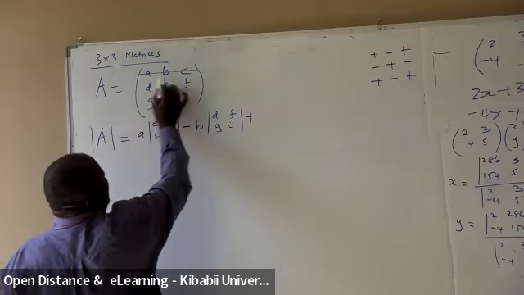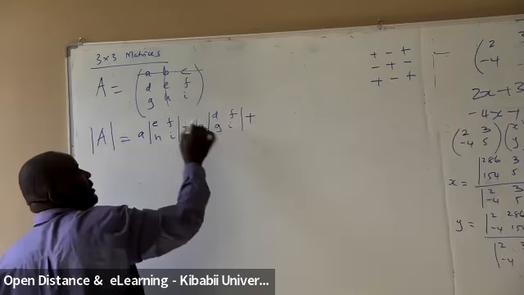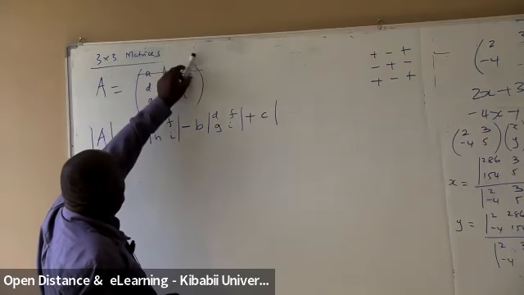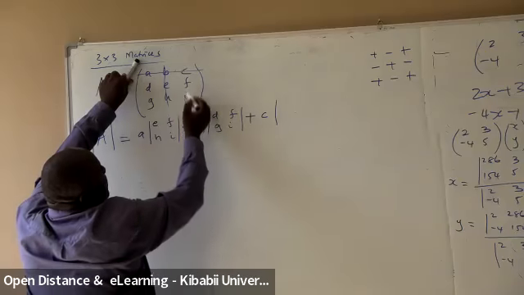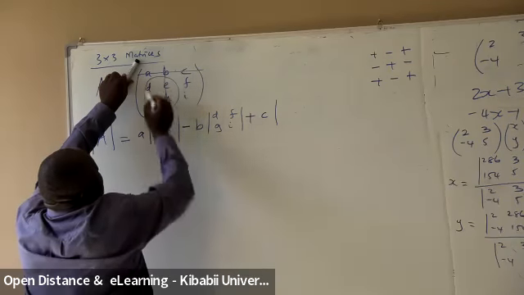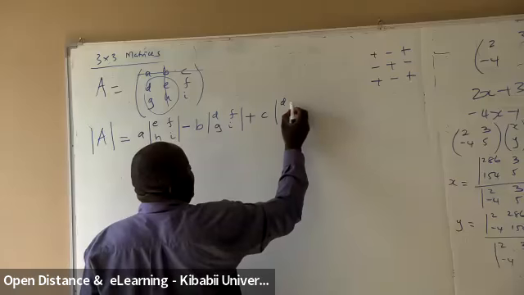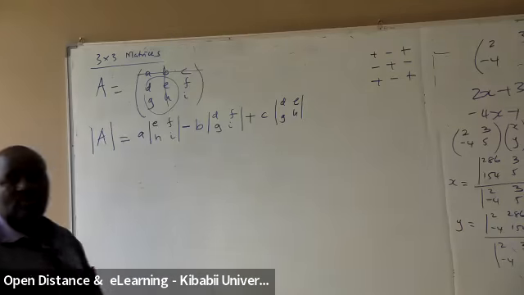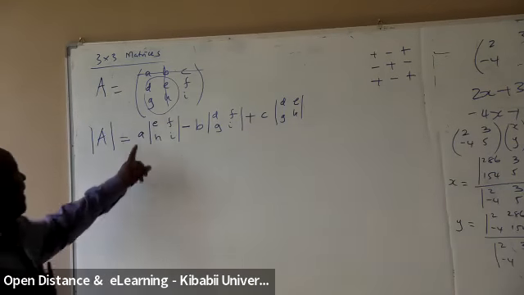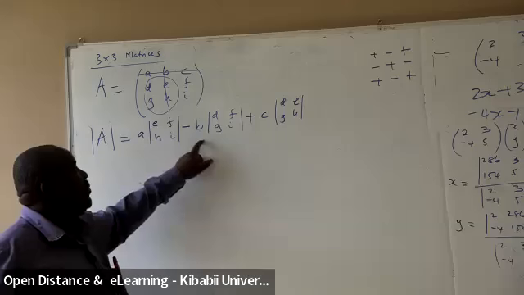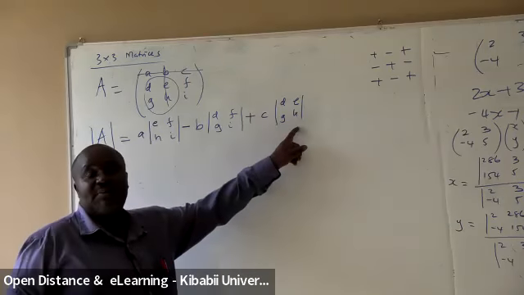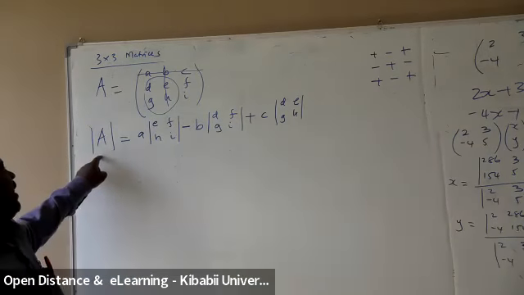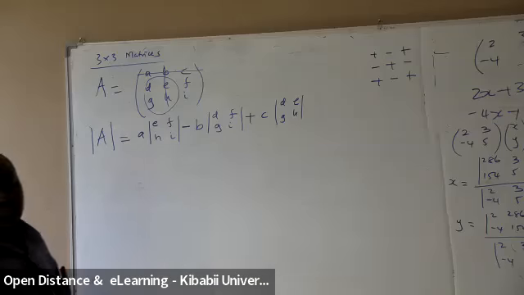The common term in row 1, column 3 is C. If I delete row 1, column 3, I'll be left with D, E, G, H. So if I evaluate A times this determinant minus B times this determinant plus C times this determinant, what I get is the determinant of A, which is 3 by 3.